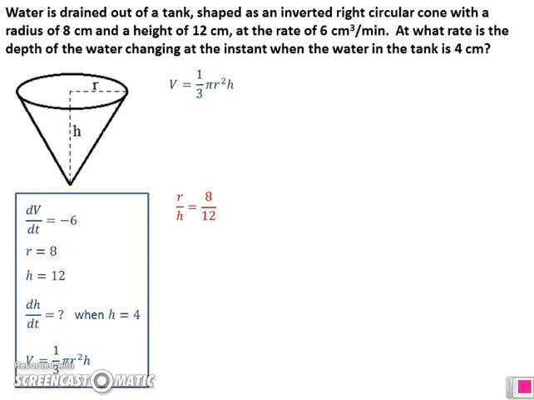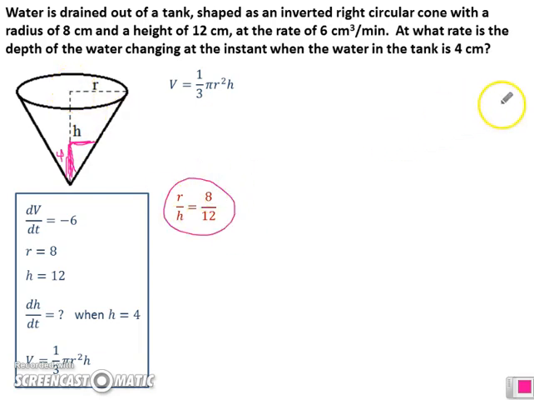We're going to use similar triangles because if you think about it, this is a right triangle. When the height is 4, it's a similar triangle to when the height is 12.